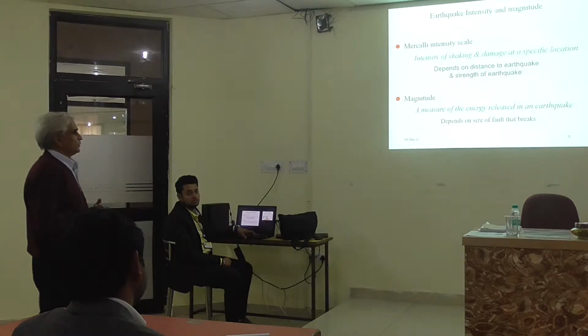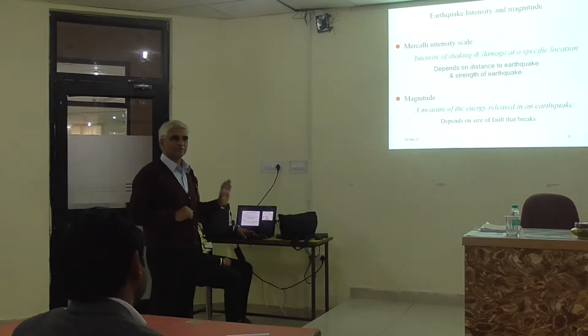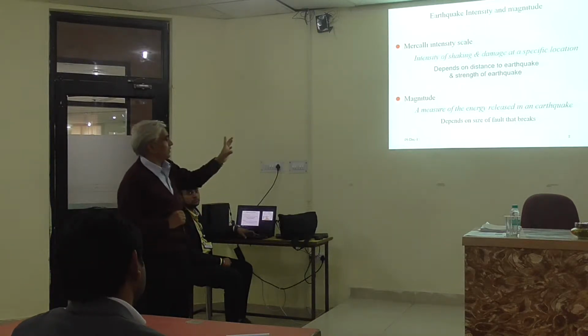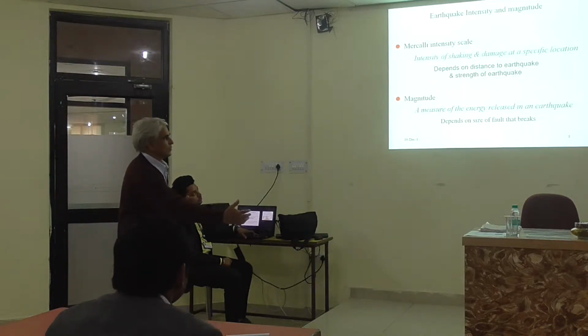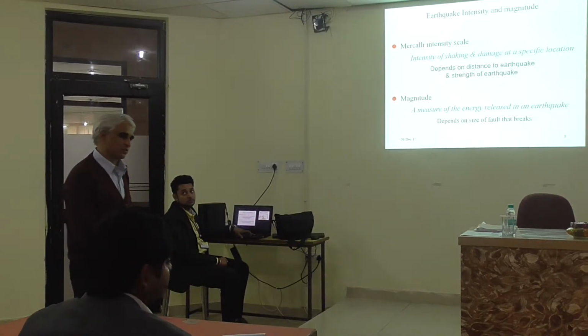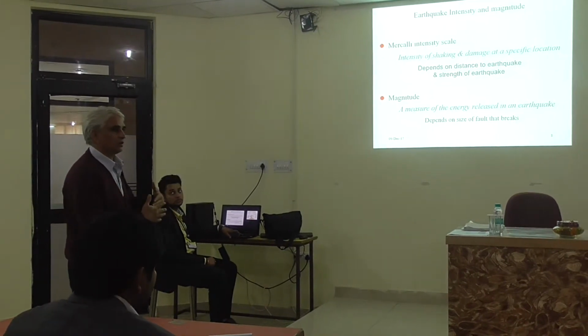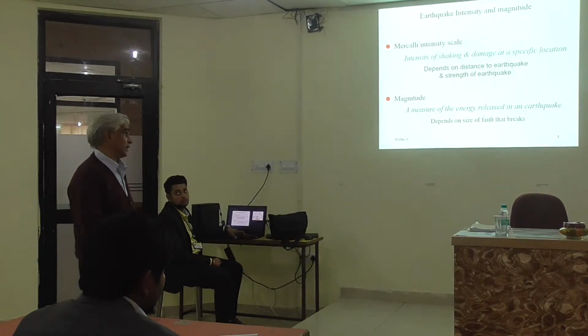All right. So it depends on the size of the fault that breaks. That is what is important. Energy released is another important thing, and intensity just depends upon the distance from the earthquake and the strength of the earthquake. Distance from the earthquake means distance from where the earthquake focus is, which I had shown you earlier.